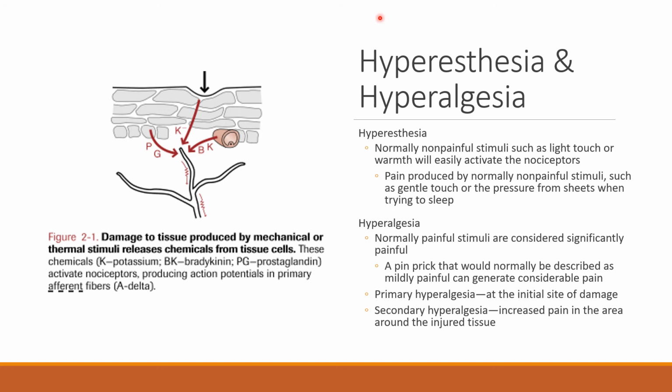So as promised, I wanted to dive deeper into this hyperalgesia, right? And so this is when a normally painful stimulus is considered significantly more painful, right? So the idea here then is that we have something that does normally cause pain, but we perceive that pain to be much greater. And there's primary hyperalgesia and secondary hyperalgesia, depending on when it's occurring.